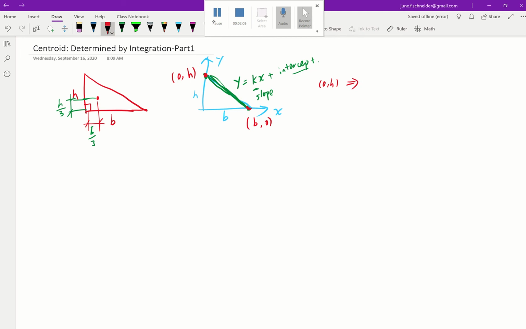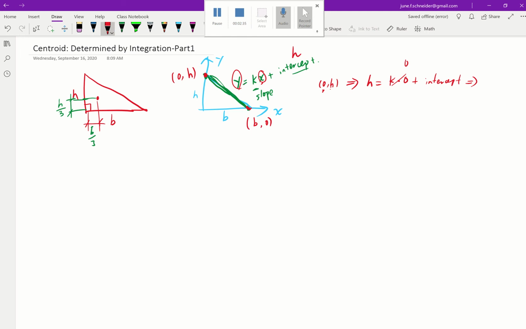So what do we have? x equals 0, so y is equal to h, because (0, h) satisfies this equation. So h is equal to k times 0 plus intercept, and then you immediately solve it: the intercept is equal to h.